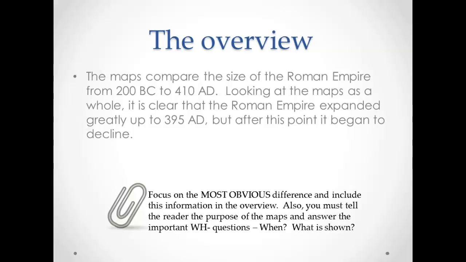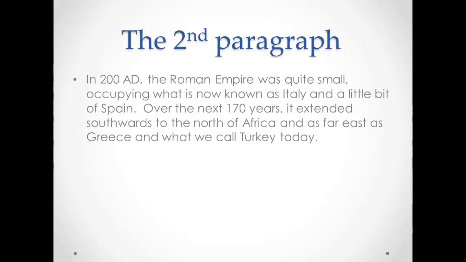So you need to tell the IELTS examiner the purpose of the map and the most obvious difference. To help you do this, you can answer WH questions. When? What happened? That is the overview. Here is the second paragraph.